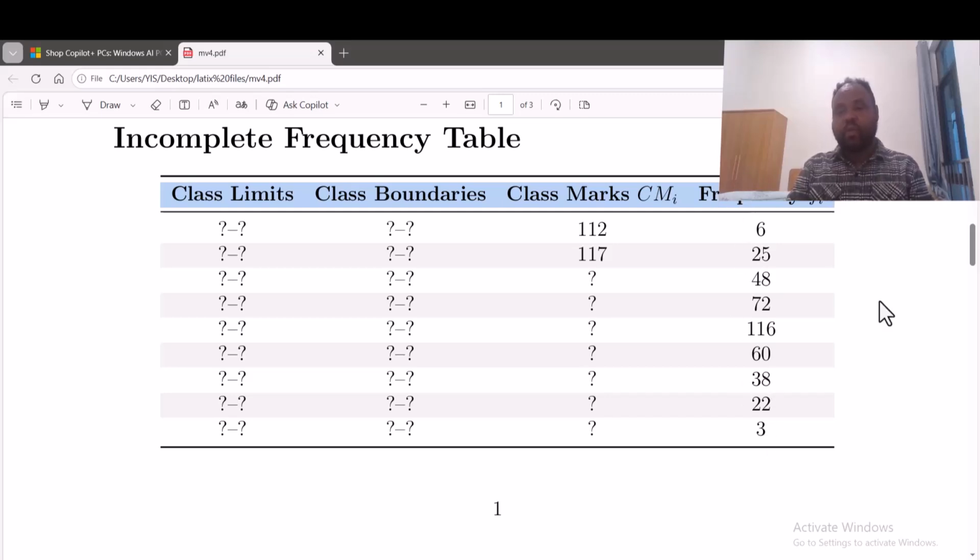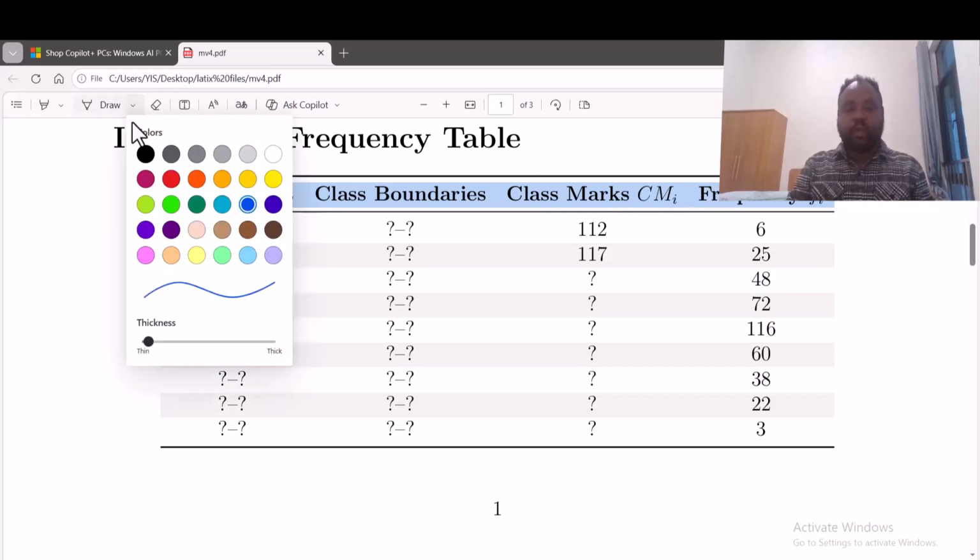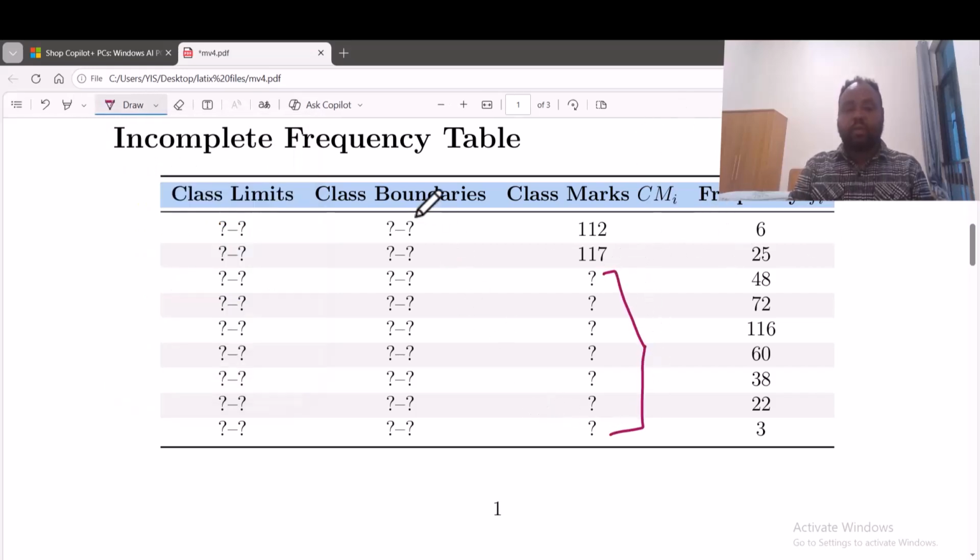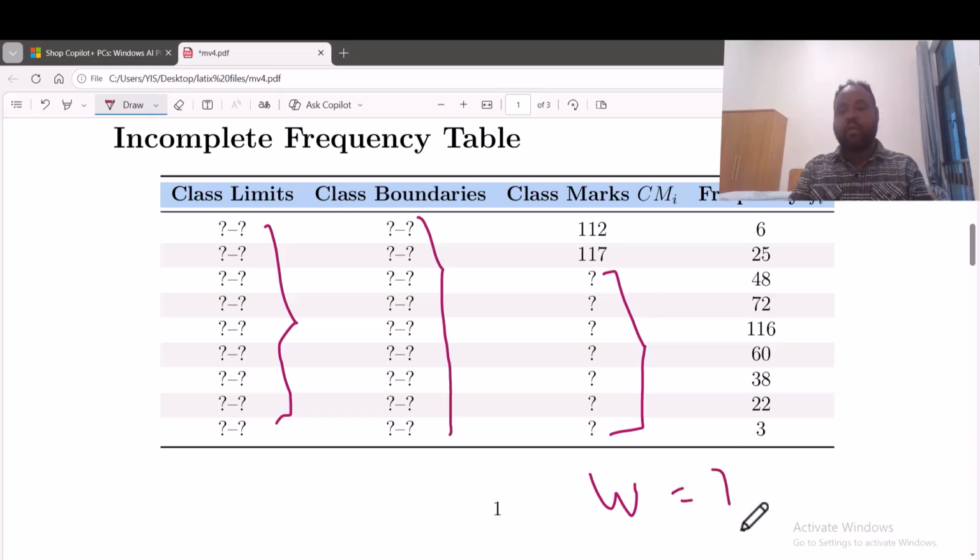The question is to obtain these gaps and this column, plus the class widths, and to verify the total frequency. How many frequency values are there? Nine. This tells us there are 9 classes in our frequency distribution.